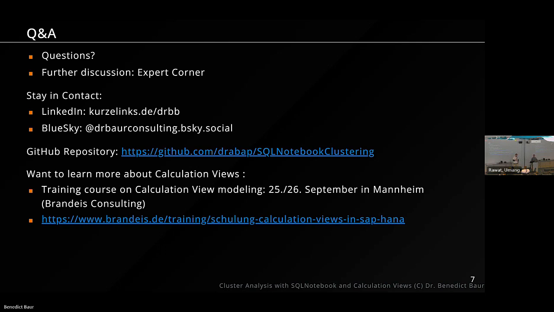Great to see how SQL notebooks and calculation views can be used to work interactively with the data that is in HANA, a little bit like I know from Python Jupyter Notebooks. There is one thing that I learned recently, and that is that some PAL algorithms, especially for classification and categorization, do support the vector data type.